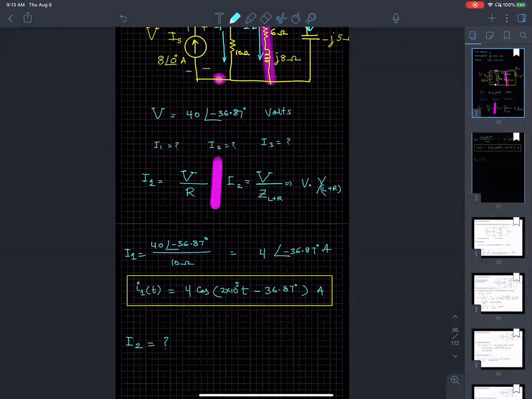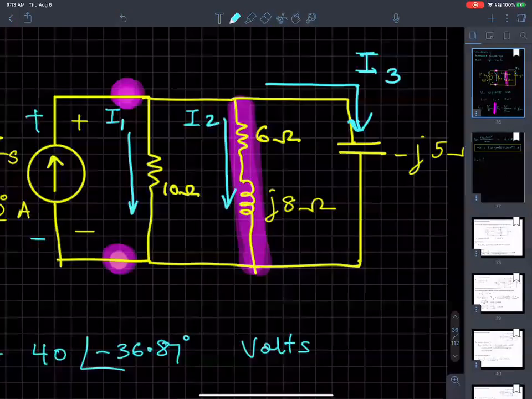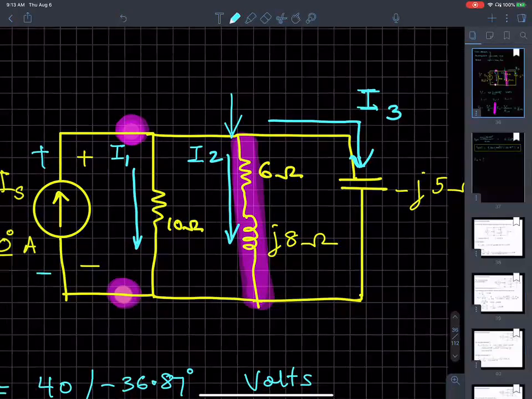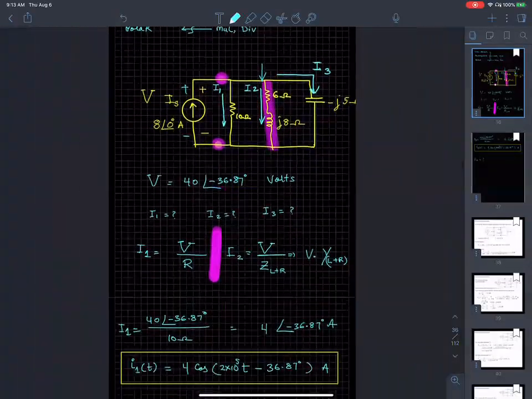Okay, the next part is to find I2, which is the current flowing in this branch.